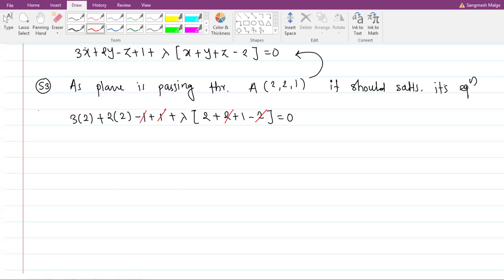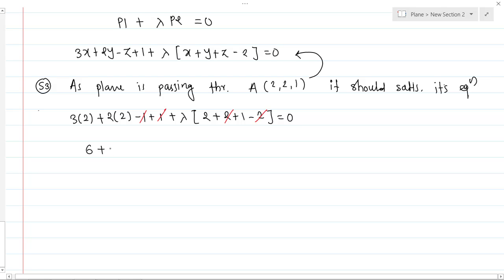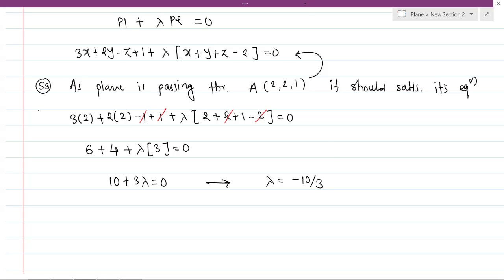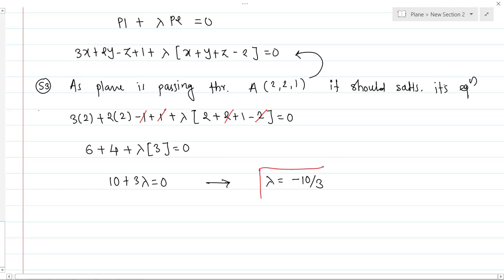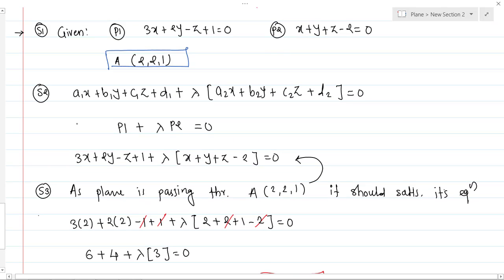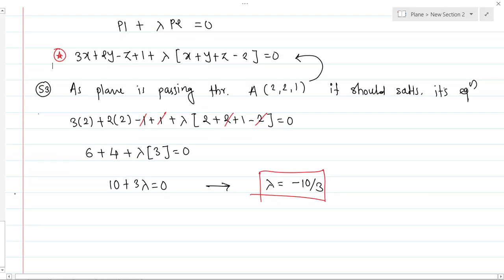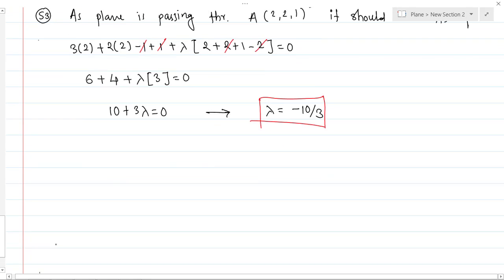Then what you get finally: 3 times 2 is 6, plus 2 times 2 is 4, plus lambda into bracket 2 plus 1 is 3, equals 0. So 6 plus 4 is 10, so 10 + 3 lambda = 0, which implies lambda is -10/3. Now substitute this lambda = -10/3 in the above equation, the equation which you got in step number 2, which is the main equation of the plane.